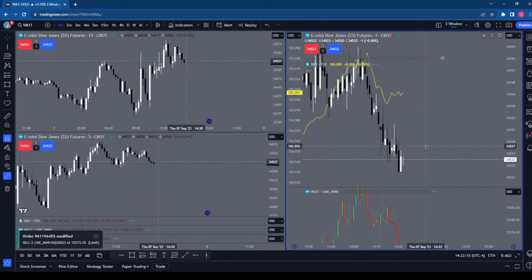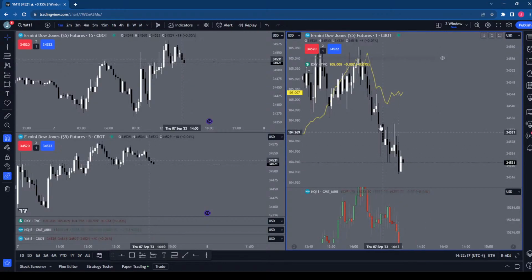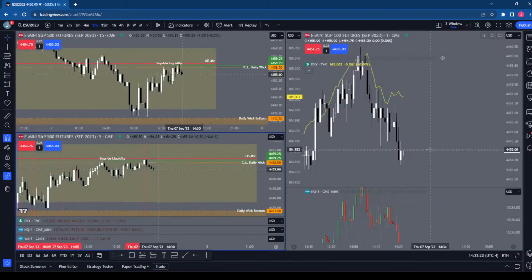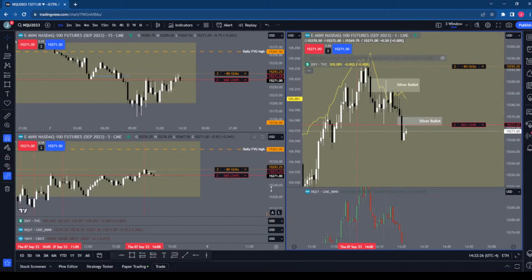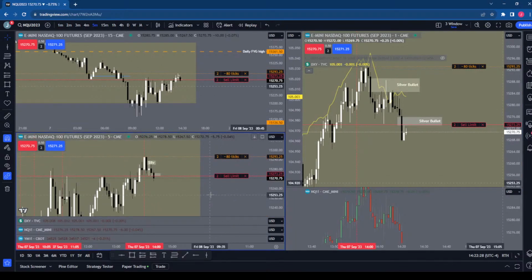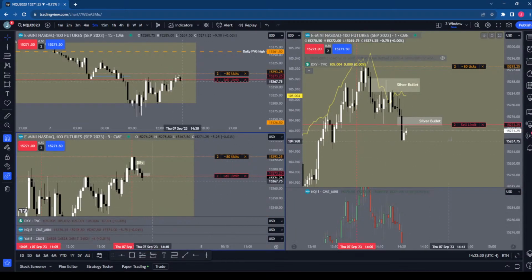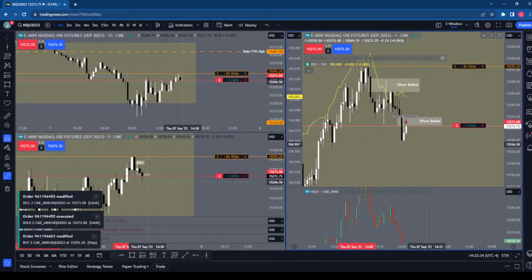Okay, I'll take a look at ES. Yes, left no room for fair value gap. Oh, that's the doubt. ES, no fair value gap. Okay, so that entered us in short.